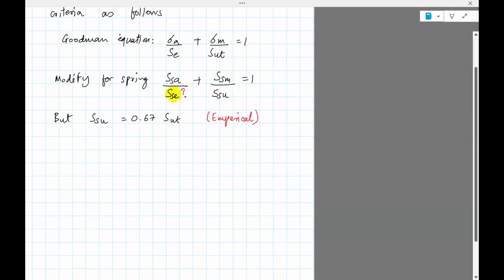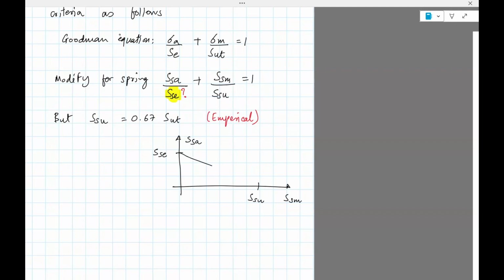To give you a better picture, maybe we'll draw the Goodman equation. So now we need to plot the Goodman line on this curve, SSA on the y-axis and SSM on the x-axis, just exactly like what we had before with sigma M and sigma A, but here it's replaced with S. We know the Goodman curve passes through SSE and SSU.